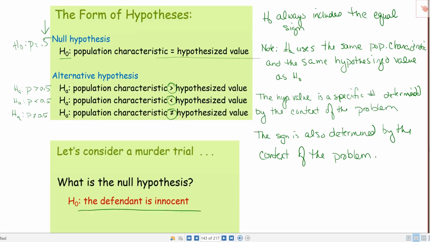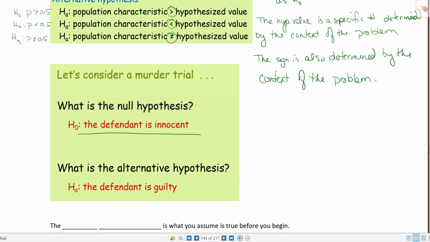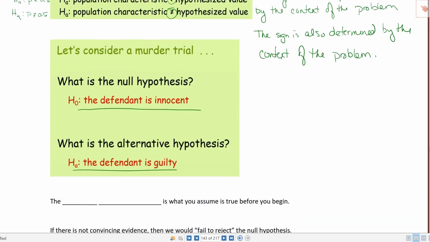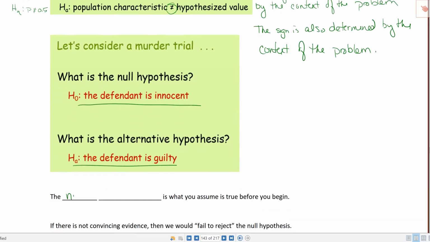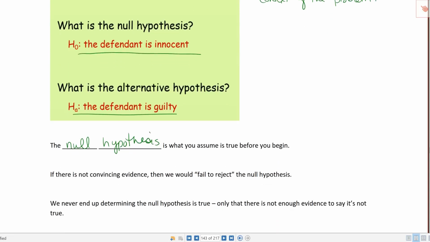What would the alternative hypothesis be? That the defendant is guilty, right? So the null hypothesis is what you assume before the trial begins. Before you begin your statistical test, it is what you assume to be the case.